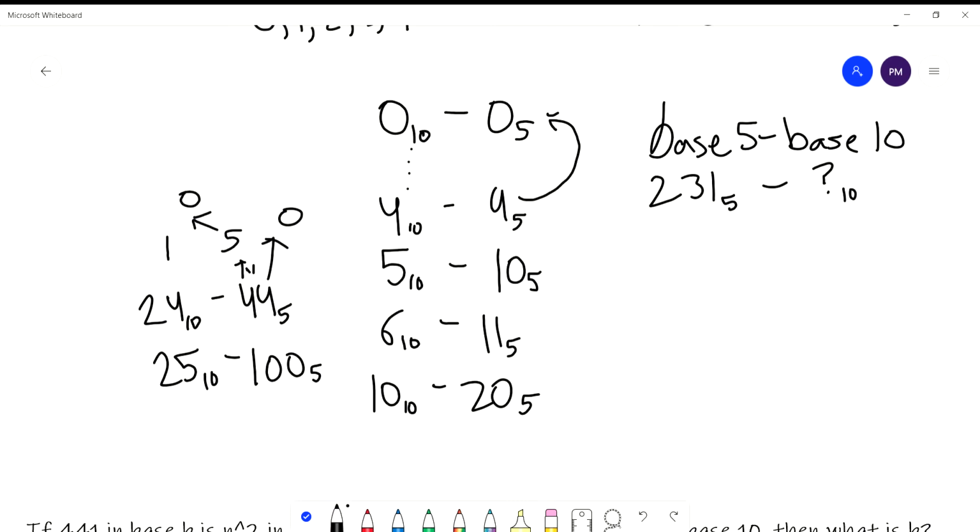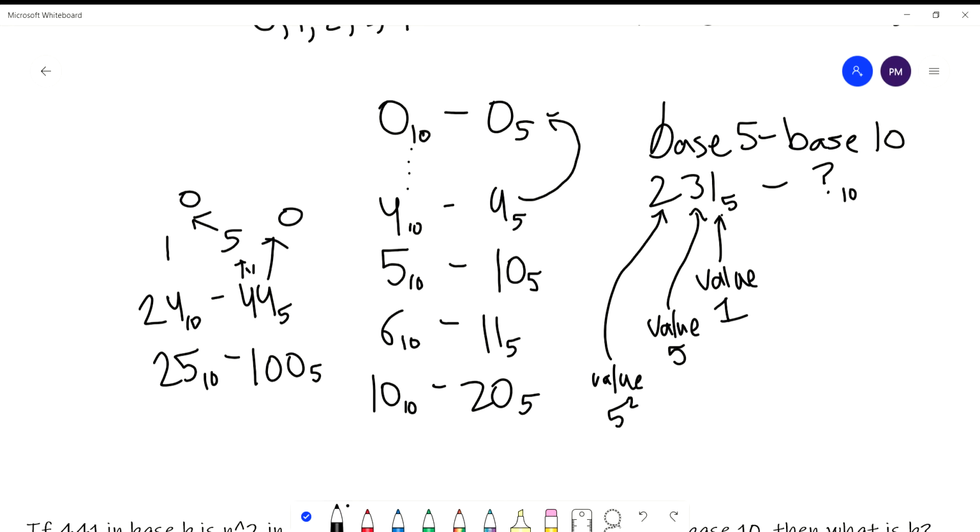Okay, so in base 5, how it works is that the units digit has value 1, similar to base 10, where it also has value 1, except that now the tens digit has value 5 because we're in base 5. In base 10, it would have value 10 because we're in base 10. And similarly, the hundreds digit has value 5 squared.